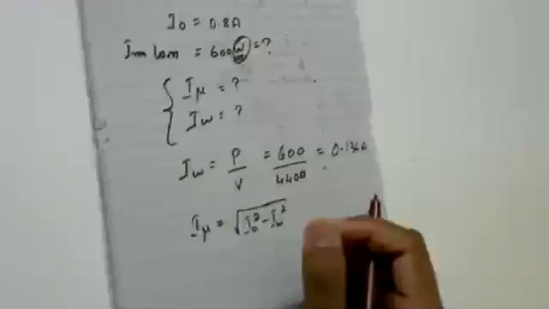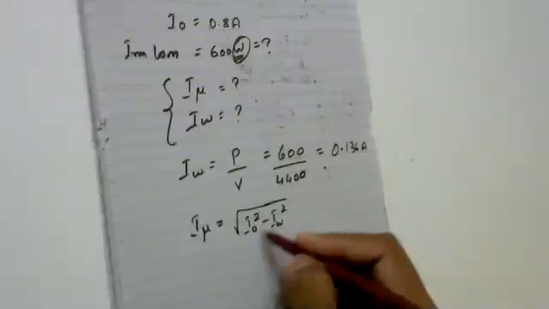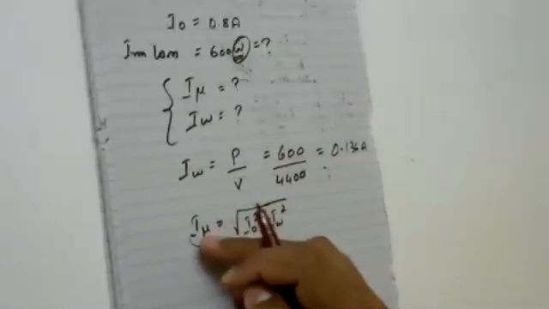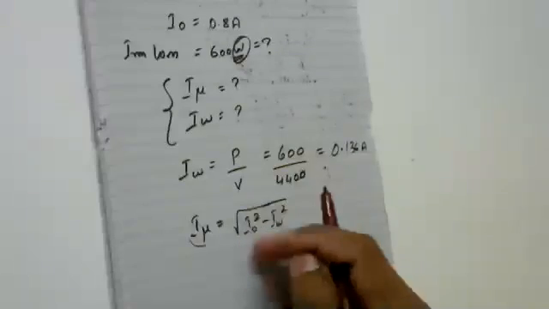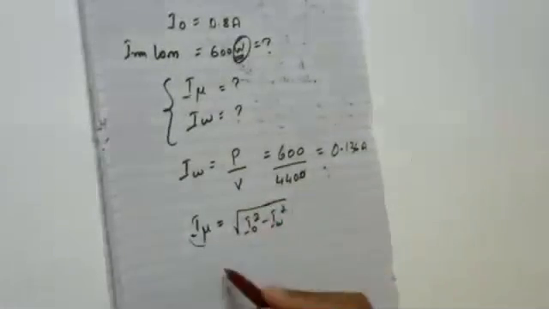Understanding? Since we are writing this equation for I mu, we should write it as square root of I naught square minus IW square.